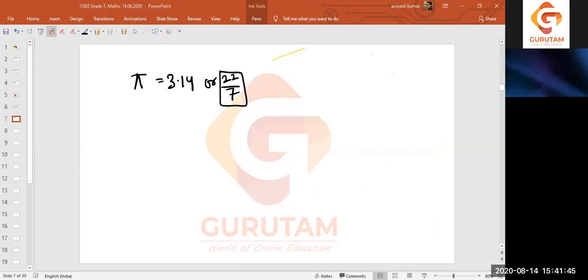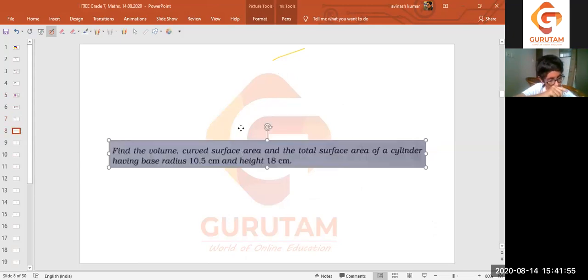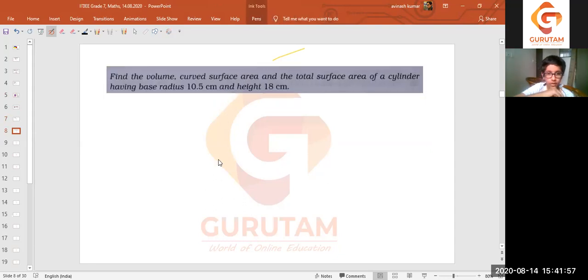After some 5 or 6 digits, 22 by 7 becomes a whole different number. But in most cases, it's your intelligence which pi you take. This is formula based, so there is no application, nothing. Please do it fast. Formula based question.